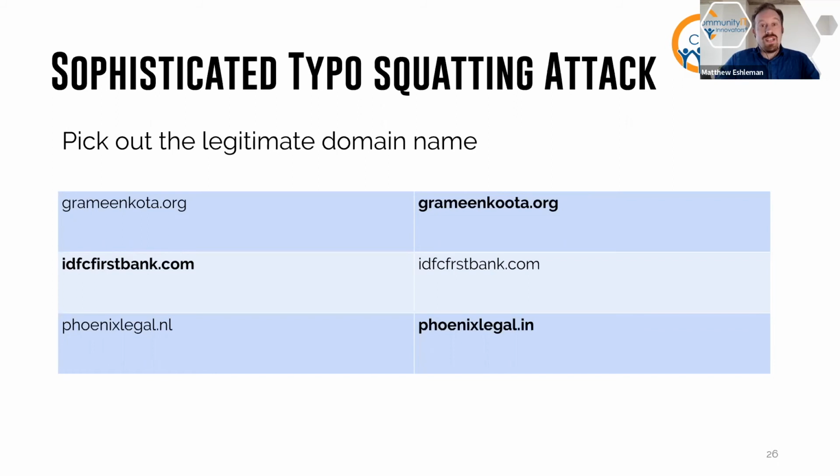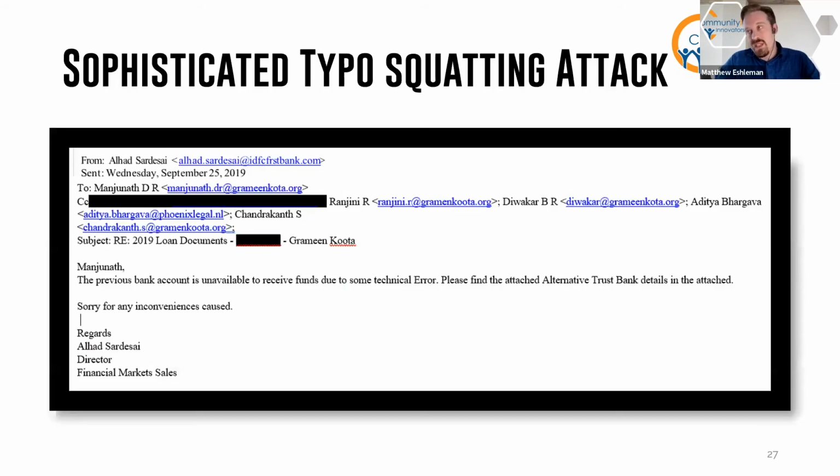We'll see that they registered domain names and were launching a very sophisticated multi-threaded attack. So again, Grameen Koota, we've got IDFC Bank, we have a legal entity. All of these elements were in play with this example here.